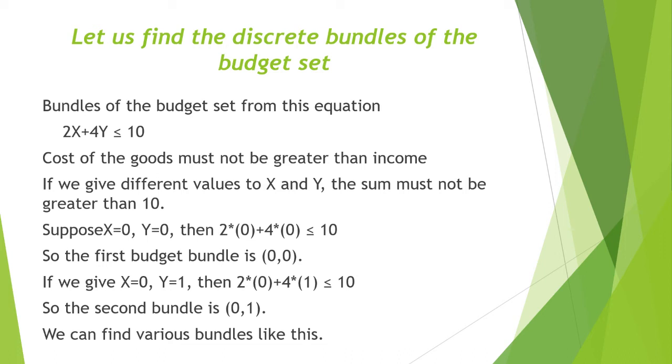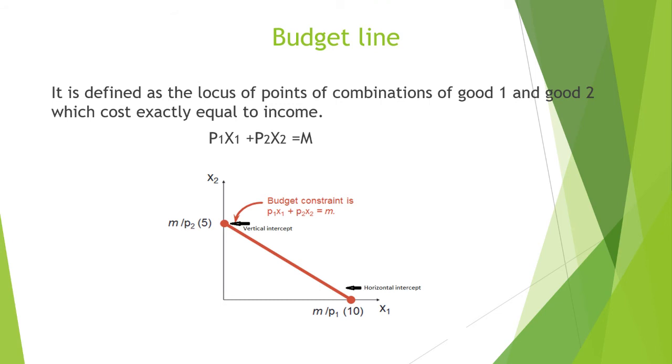On the other hand, the budget line is the combination of goods x1, x2 whose cost is exactly equal to the consumer's income, that is P1x1 + P2x2 = M. If the consumer spends his entire income on good 1 but no good 2, then he can buy M/P1 units of good 1. If he spends his entire income on good 2, then he can buy M/P2 units of good 2.